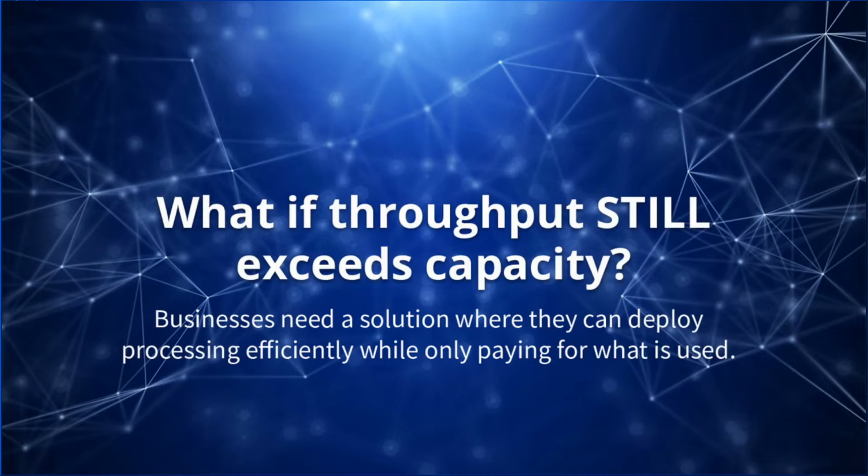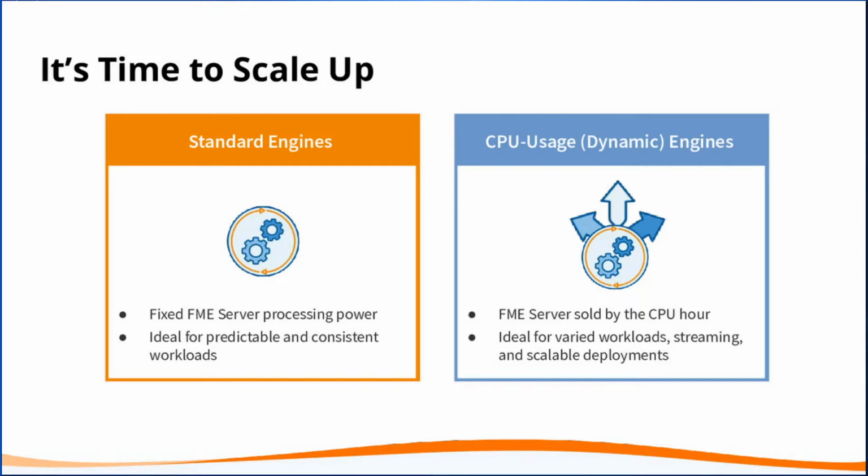So if your throughput is still exceeding that capacity, then you'll likely need to provide additional engine capacity to your FME server environment. So that means it's time to scale.